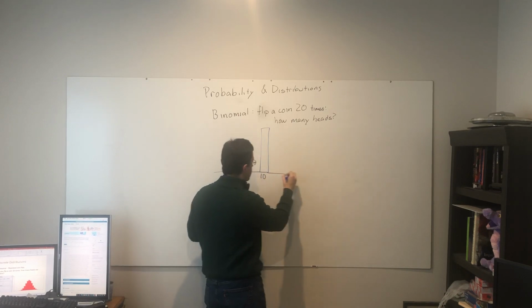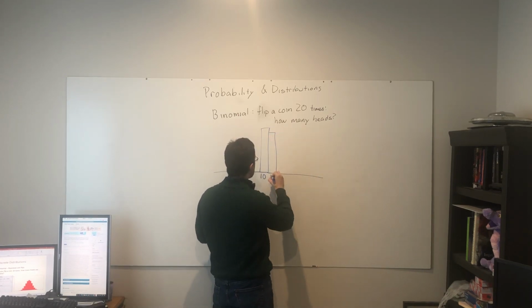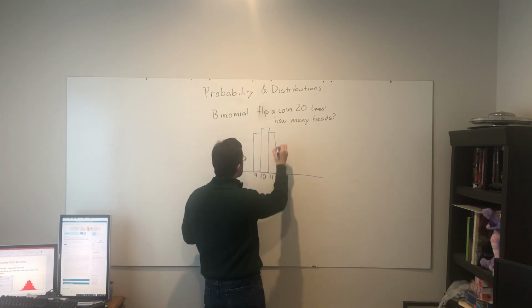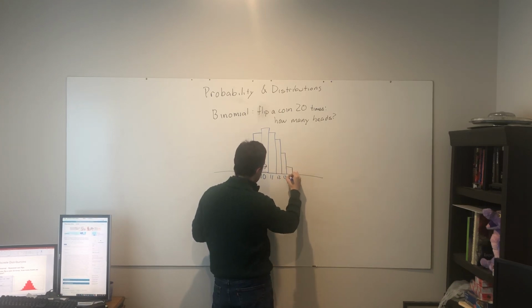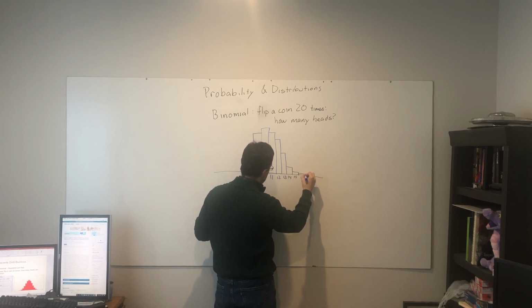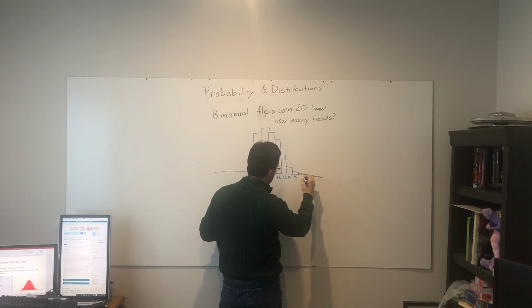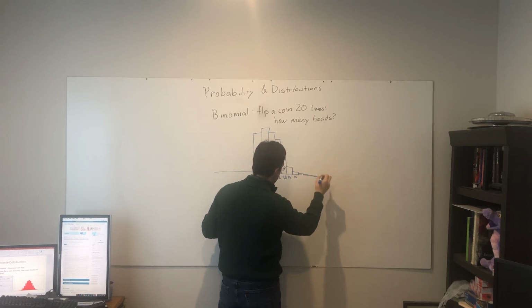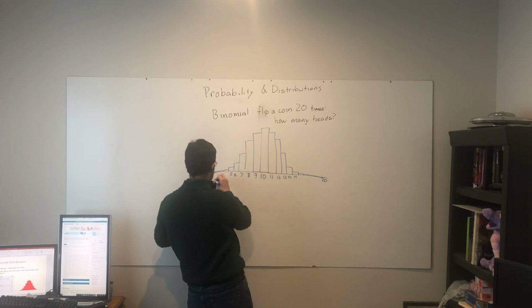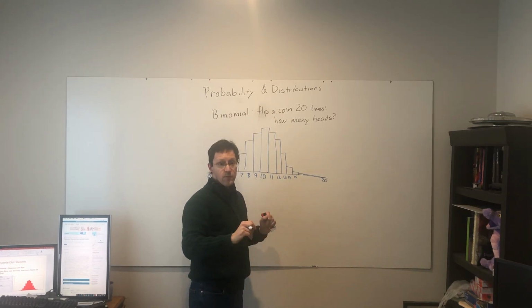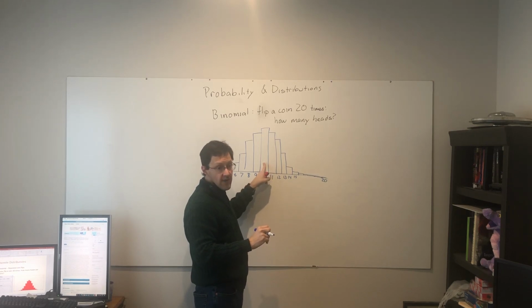Anything from 0 to 20 is possible. Any value in there is possible, but the middle values are more likely.